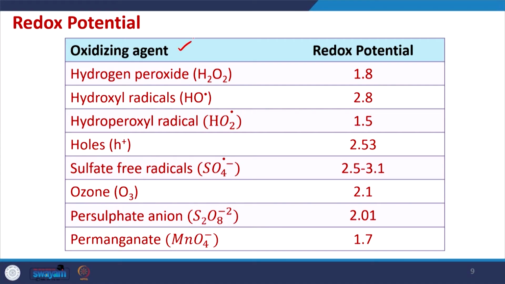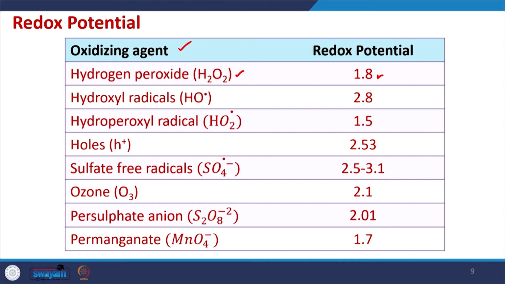Now, these are some of the redox potentials of different oxidizing agents. The higher the redox potential, the higher the capability of treatment by these oxidizing agents. So, we can see here hydrogen peroxide has a redox potential of 1.8, and the hydroxyl radical has a redox potential of 2.8, which is very high.